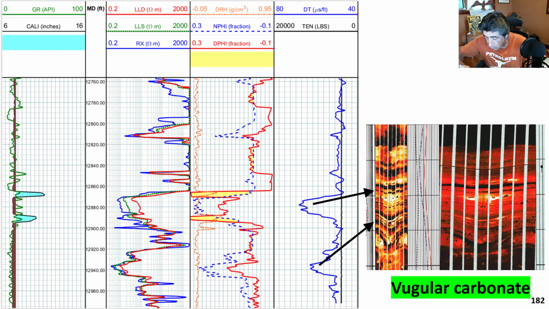If you look at the borehole image for a section of the well for the same formation in a different well, you're going to find out that the rock is vuggy. So we have a significant component of vuggy porosity. And that is the reason why the sonic porosity is favoring the most rigid component of the rock, and that's the reason why we see a sonic porosity much lower than the total porosity.